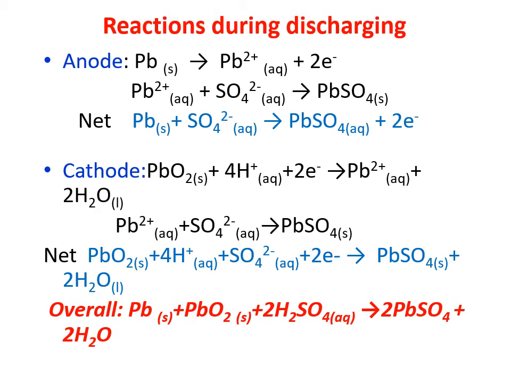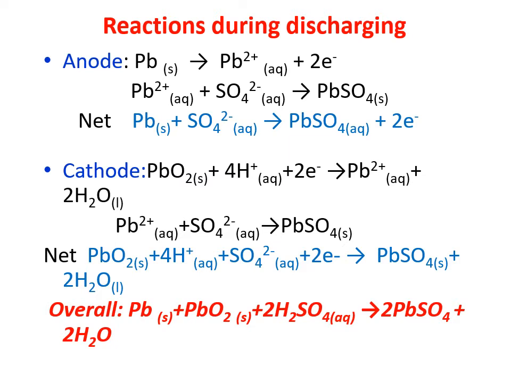So the net reaction at cathode is given as PbO2 plus 4H+ plus SO4 2- plus 2 electrons gives PbSO4 plus 2 H2O. So there is a gain of 2 electrons. Hence, reduction reaction takes place at cathode.